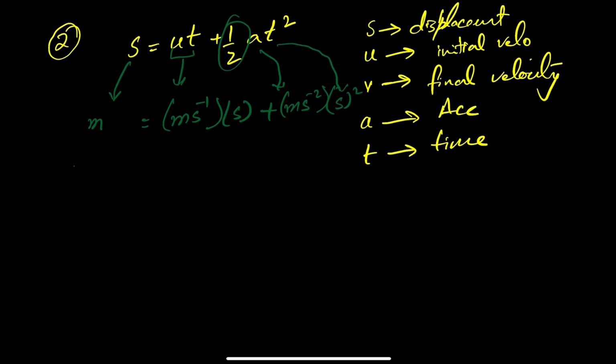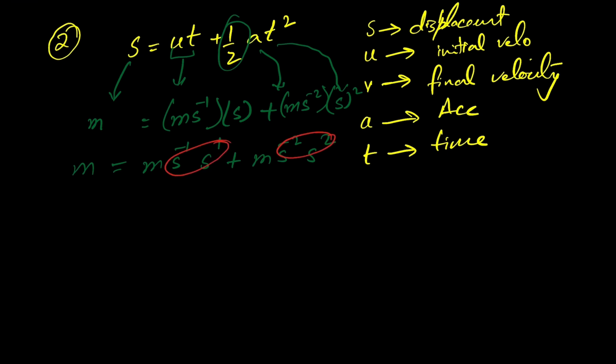Okay, let's simplify. It will be m s^-1 times s^1, is equals to m s^-2 times s^2. So when you simplify this thing, these will be cancelled out with each other, so it will be m is m plus m. So if you see, all these three terms are the same, right? So this is homogeneous.